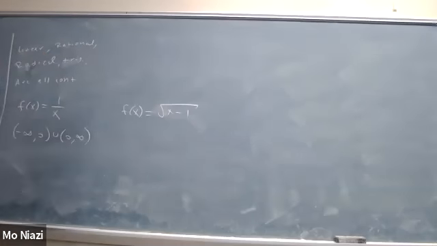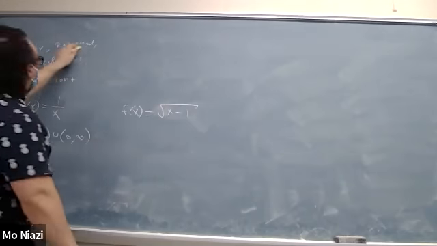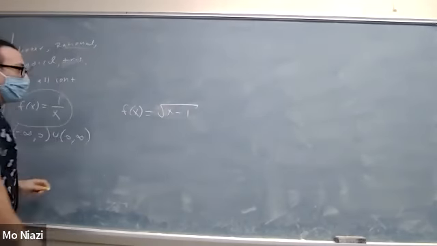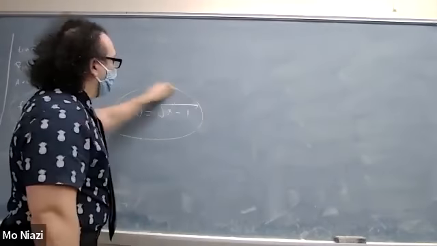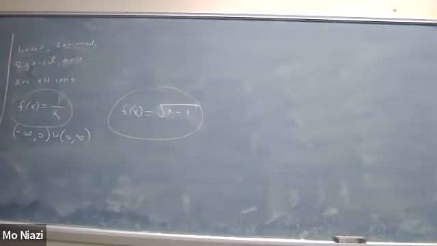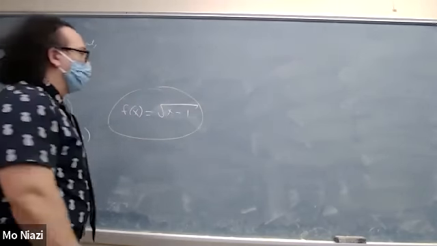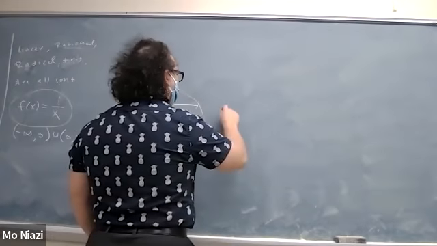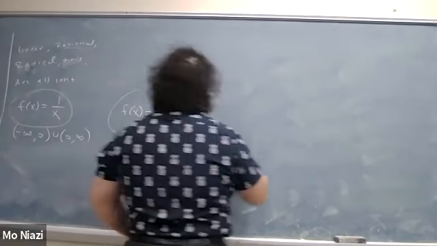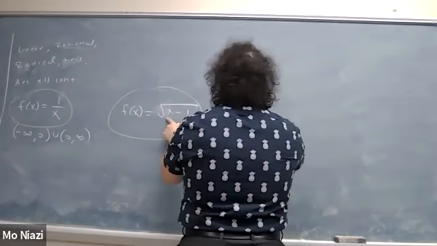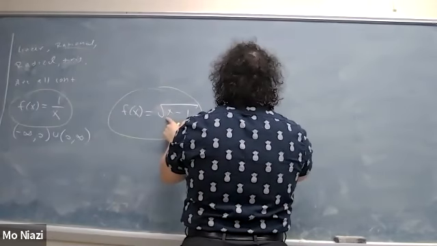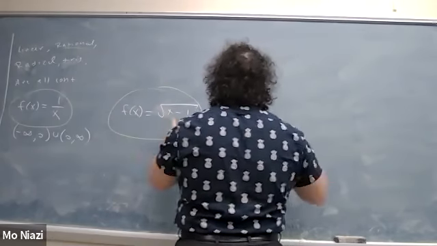What about this? Is this function continuous? This was a rational function. This is a radical function. Is this function continuous? Well, not if it's less than 0. What less than 0? The x. If the domain is less than 0, then it's not. You mean x minus 1 has to be greater than or equal to 0, right?